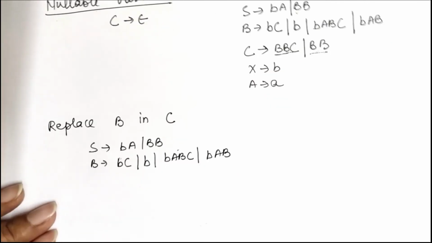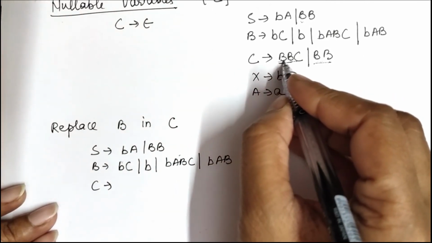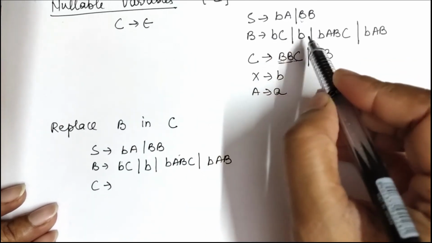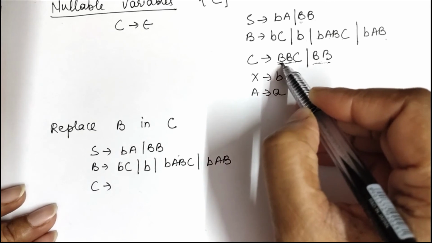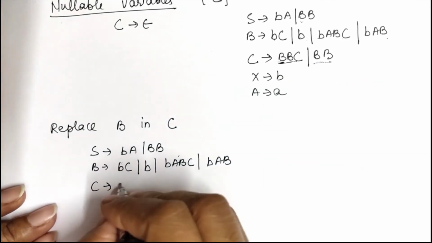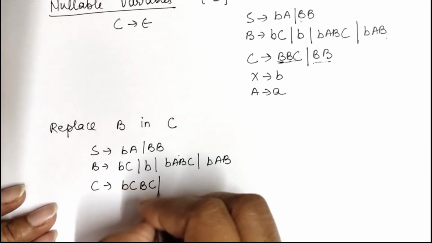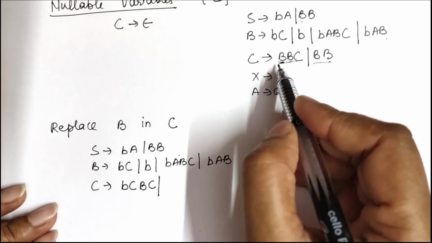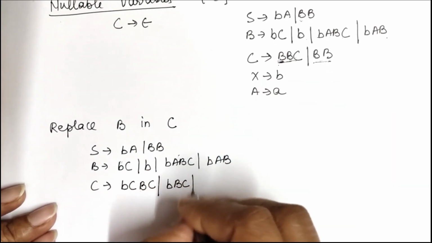production also. Okay, now substitute this B in C. In place of this B I have to take all the productions of B here one by one. So first, in place of this B I am taking B derives BC, so this BC and the remaining BC, or in place of this B I am taking B derives small b, so bC.